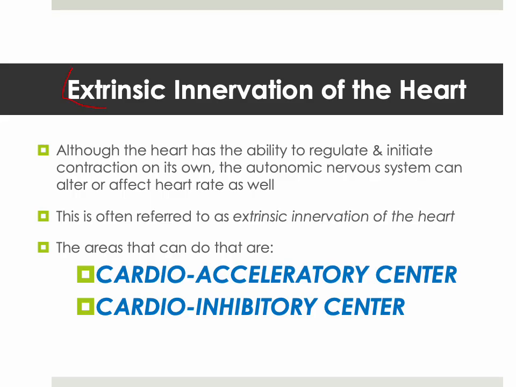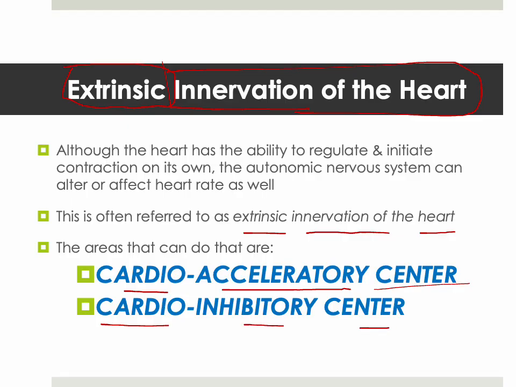This one is the extrinsic, meaning the outside variables and factors around the heart that influence and regulate how the heart works. There are two main areas: a cardio-acceleratory center and a cardio-inhibitory center.